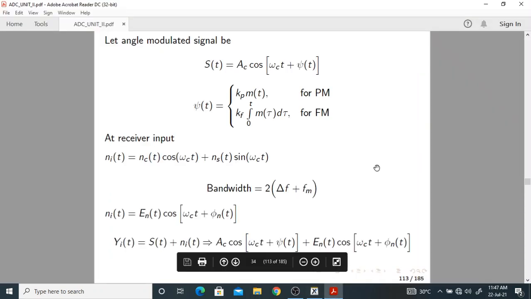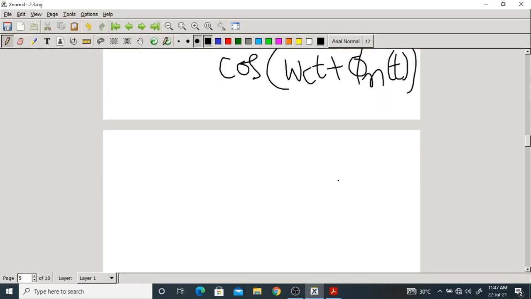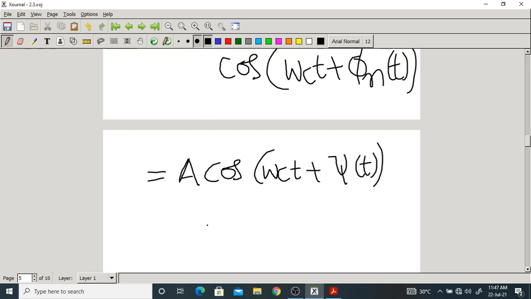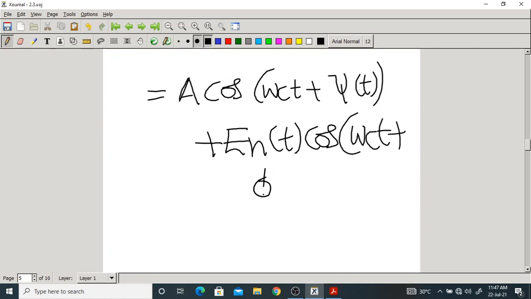Now here, what is s(t)? That is A_c or A cos(ω_c t + ψ(t)) plus noise, which is E_n(t) cos(ω_c t + φ_n(t)). So what is the signal amplitude? Signal component amplitude is A. What is the noise component amplitude?